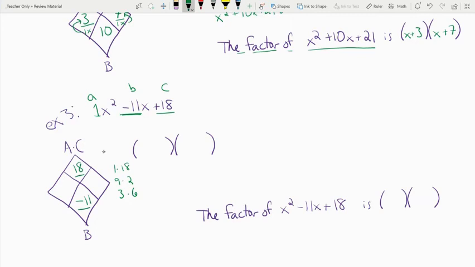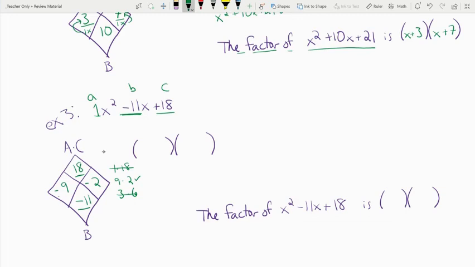So that means that both of my terms are going to have to be negative, because remember, a negative times a negative is a positive. So here, 1 plus 18, or negative 1 minus 18, that's negative 19. That's not right. 3 plus 6 is 9. That can't be right. But if I take negative 9 and I take negative 2, I get negative 11. So that is my answer that goes into my diamond.